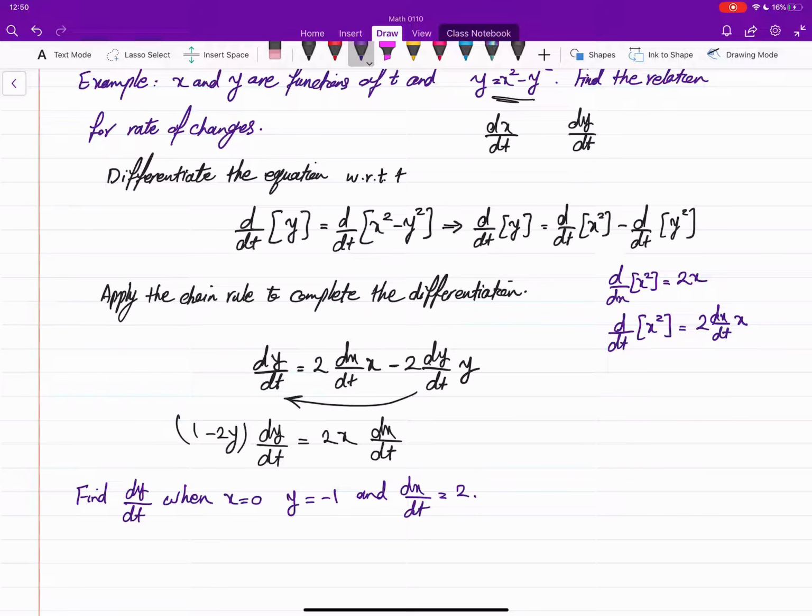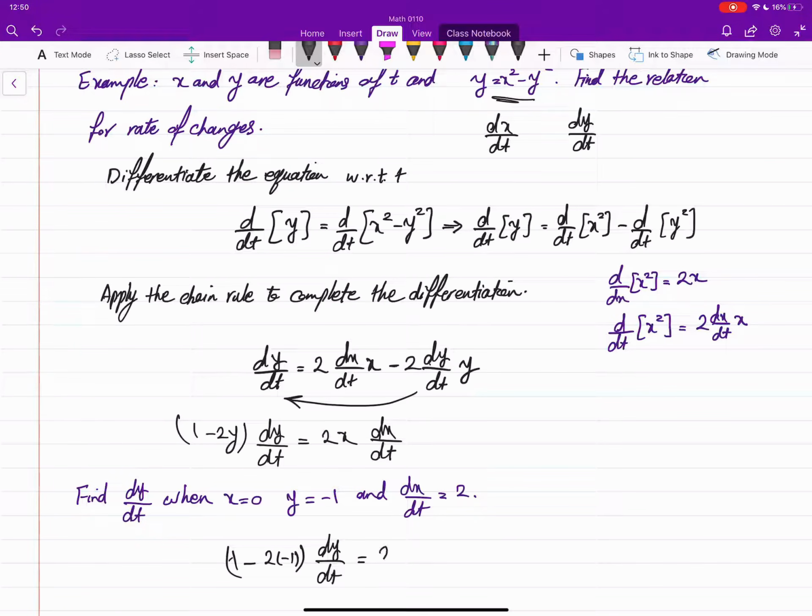Well, now there are 4 variables in an equation. If you know 3 of them, you can find the 4th one. Just plug in these values. 1 minus 2 times -1 of dy dt.